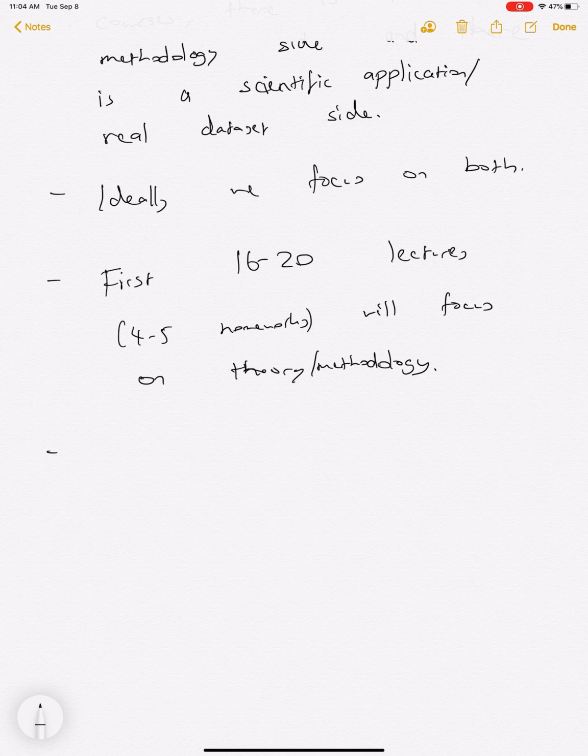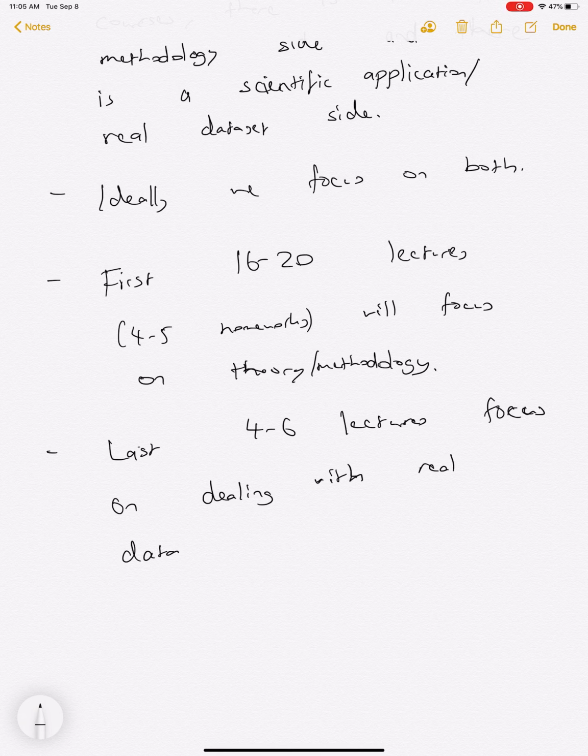And then the last 4 to 6 lectures focus on dealing with real data sets, and that's really what the course project will involve.